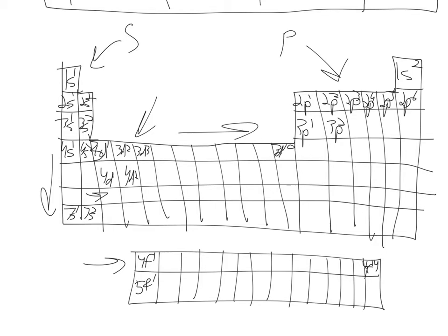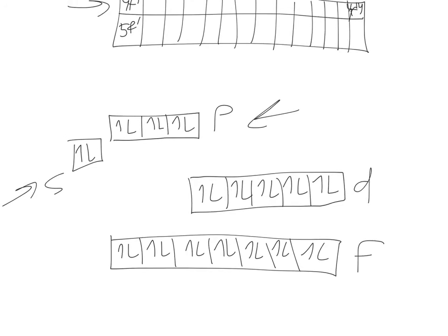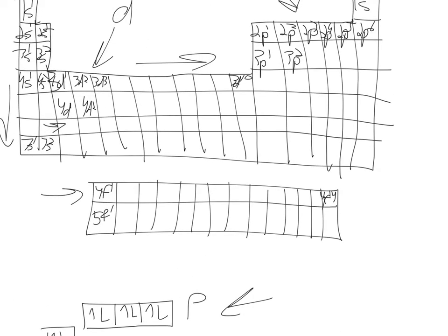S, P. The D block, if you look at it, is 10 columns wide. Don't forget the D block down here had 5 pairs, or 10 electrons. And if the F had 7 pairs with 14, yep, the F block is 14 columns wide. So we're just representing where all of those electrons are. Periodic table is your friend. All right, that's number 6.